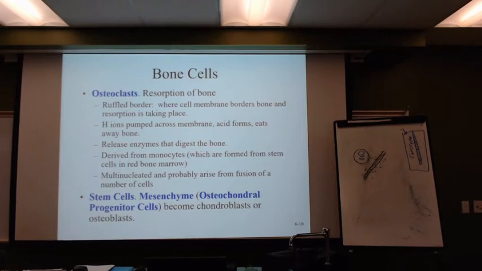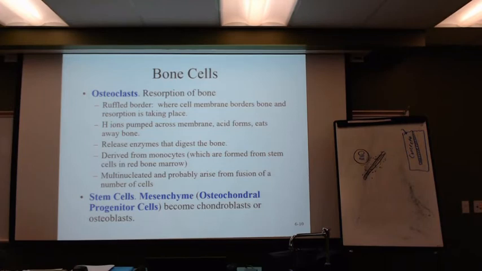So, resorption of the bone. These cells create like a little ruffled border and create almost like a suction over an area of the bone, and release some acid-type material. That makes the bone break down. As it breaks down, that calcium and the phosphate can go back into the bloodstream.